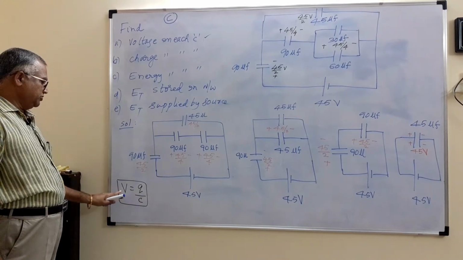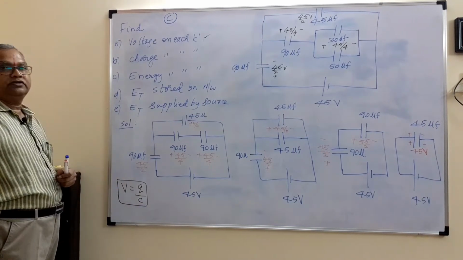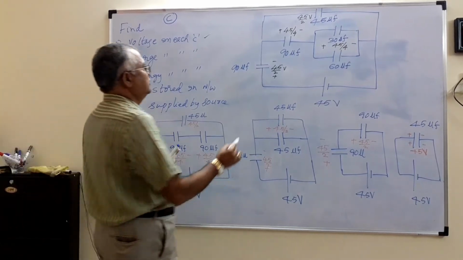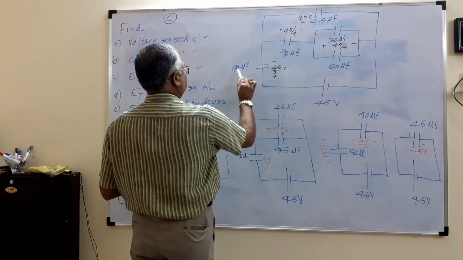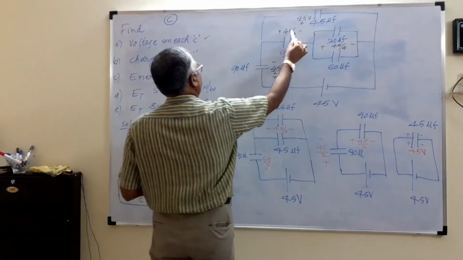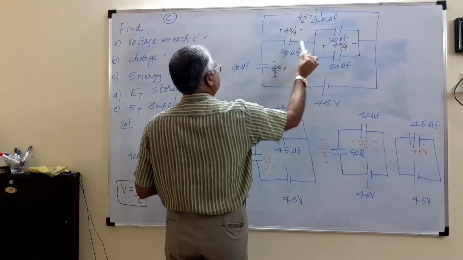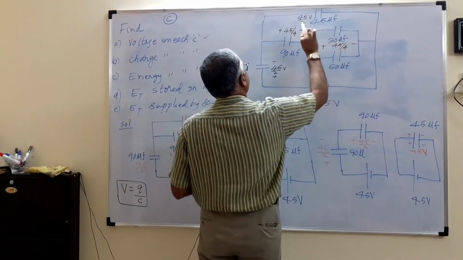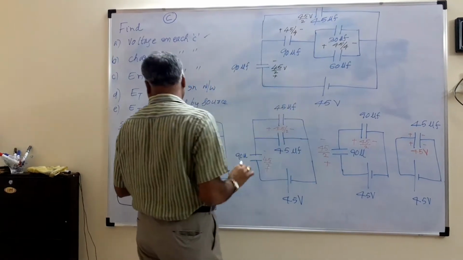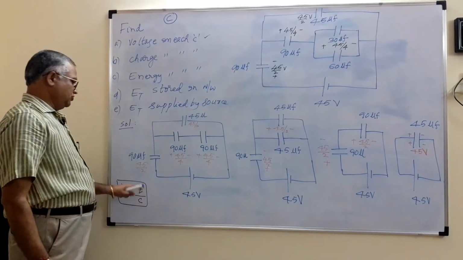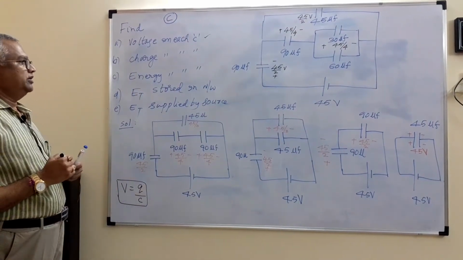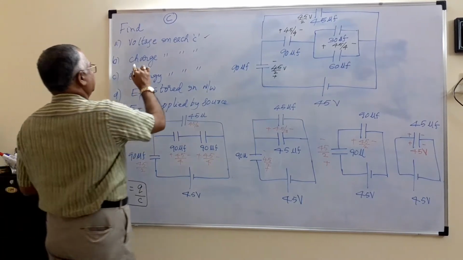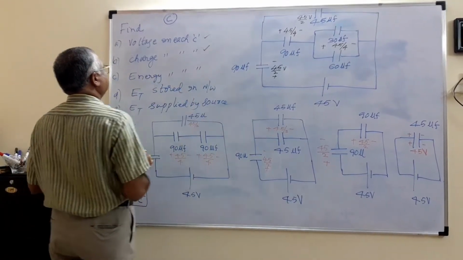Just multiply voltage and capacitance, you get charge. So everywhere simply multiply these two, you will get the charge in each capacitor. So this is charge over.